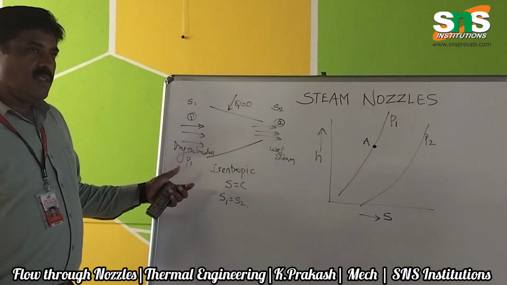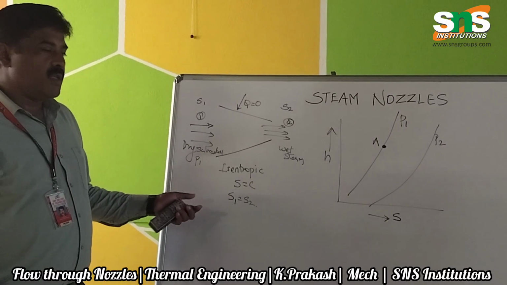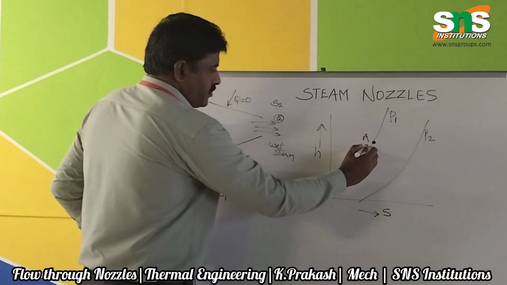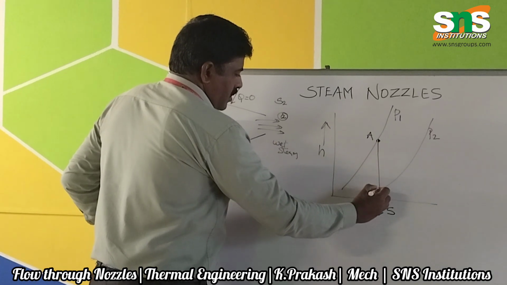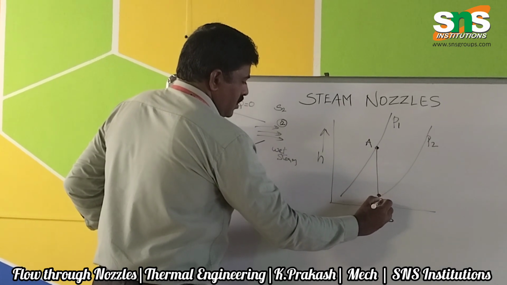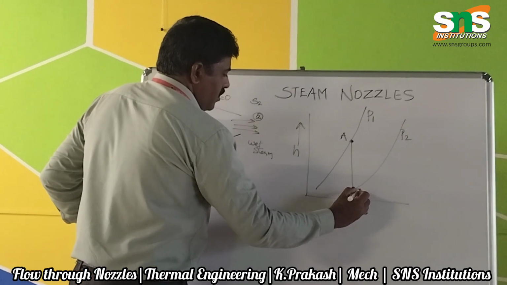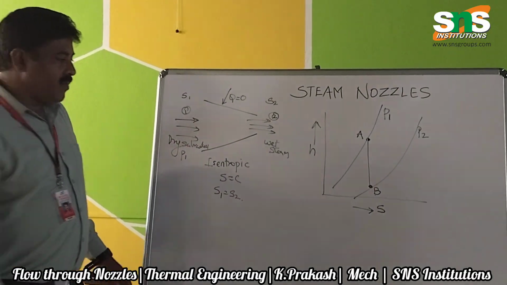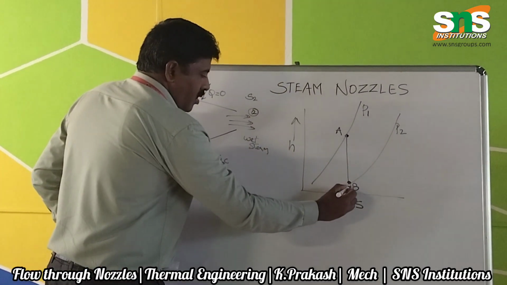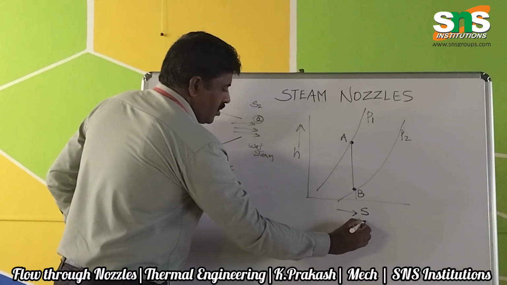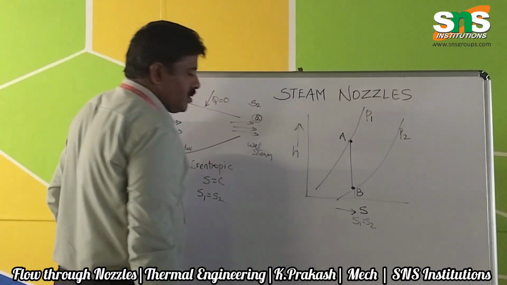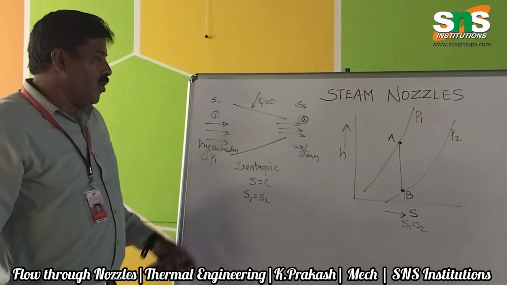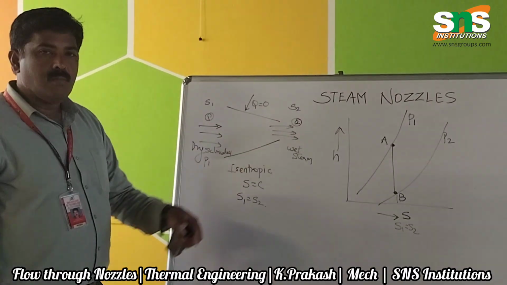Okay. So when the flow process is isentropic, the line will be straight. So this is B. This point is the exit. Here S1 is equal to S2. So this is the flow process between 1 and 2 in the Mollier chart.